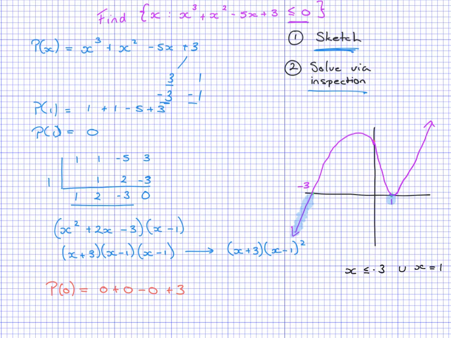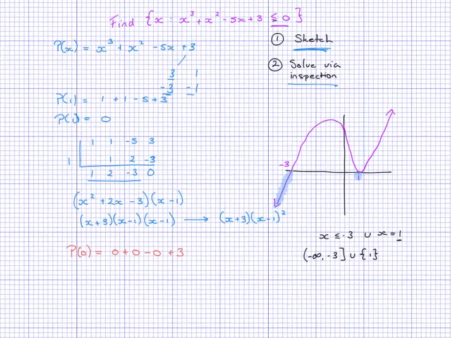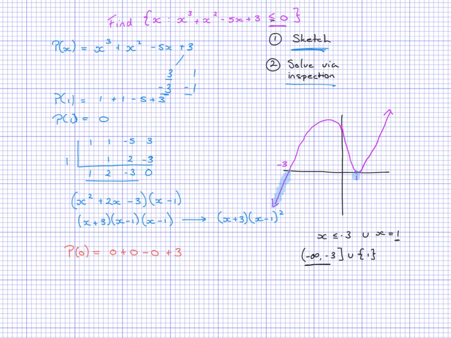So the interval notation would be something like this: negative infinity to minus 3 included, because it's equal to 0, combined with a set of 1. All right, because 1 can't be an interval, it's just one value. So we could say that the inequality is satisfied at this interval combined with the set of 1.